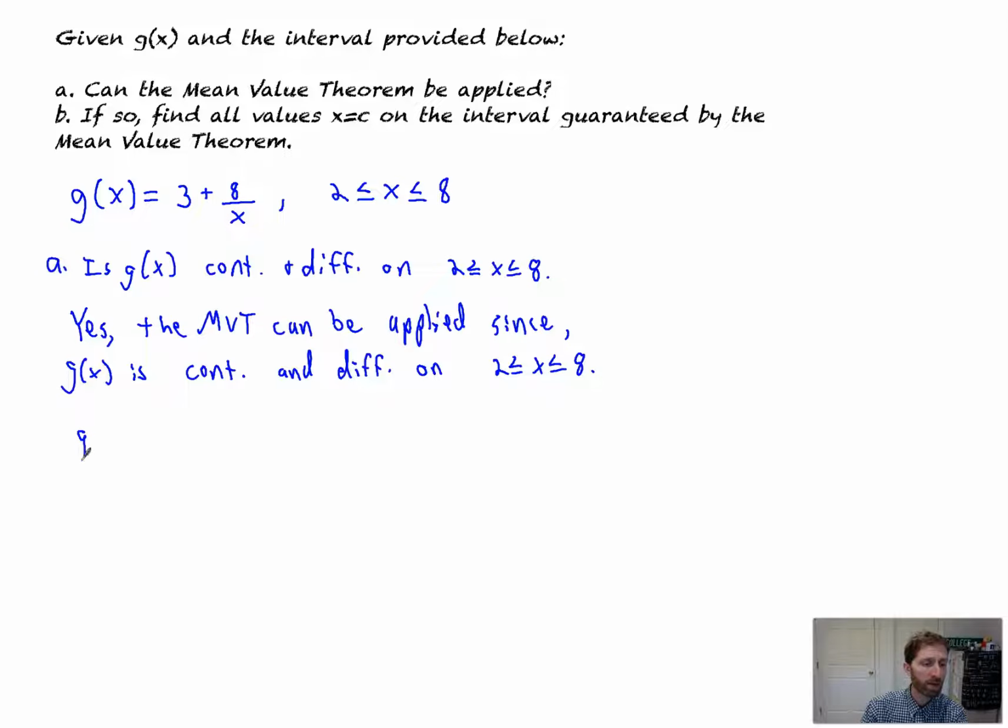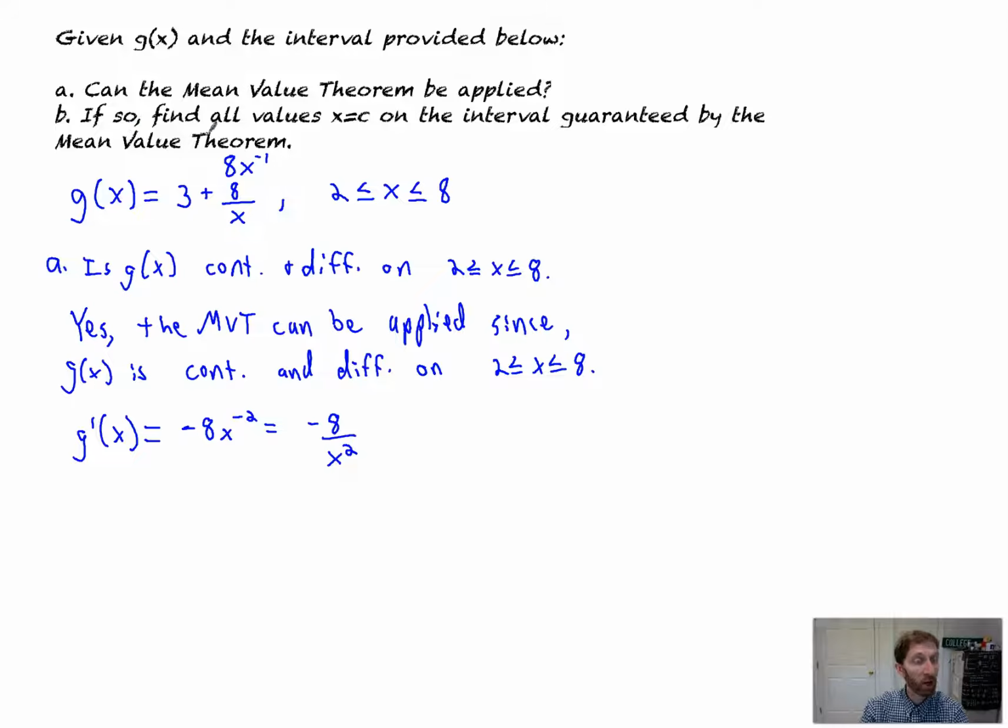If you were to take the derivative of this thing, just for giggles, g prime of x equals, well, 3 goes to 0. This is 8x to the negative 1. So its derivative is negative 8x to the negative 2, which is equal to negative 8 over x squared. That right there is completely fine on this interval. We will get derivative values for all values between 2 and 8. Right? So, yes, we are continuous and differentiable on the interval.